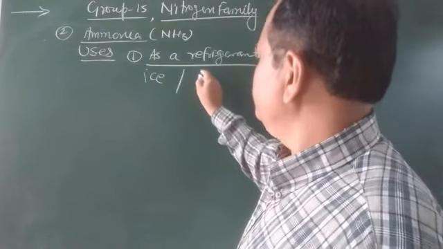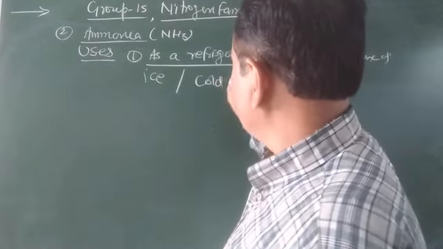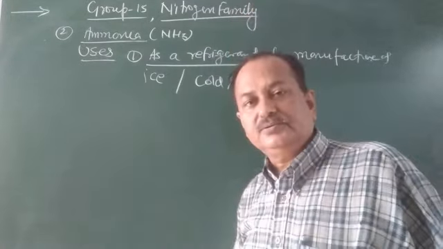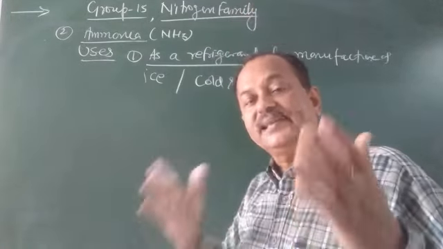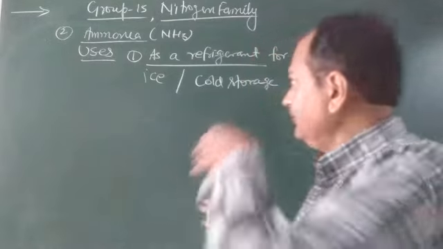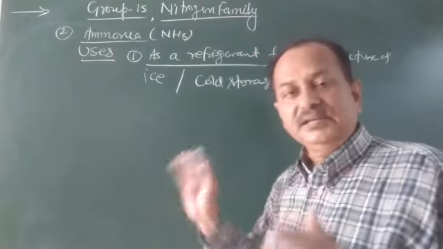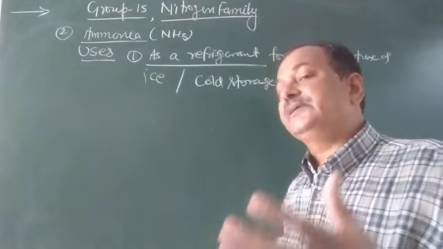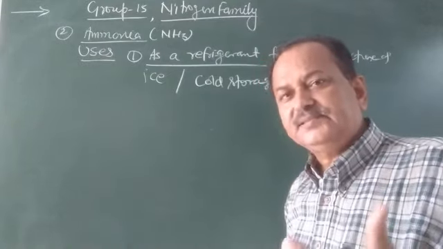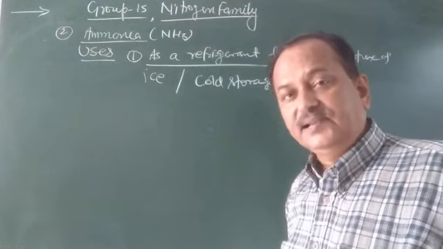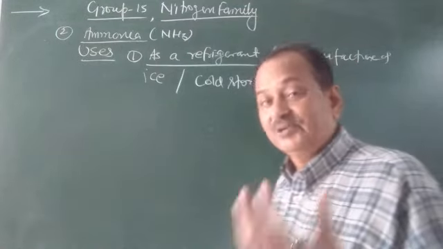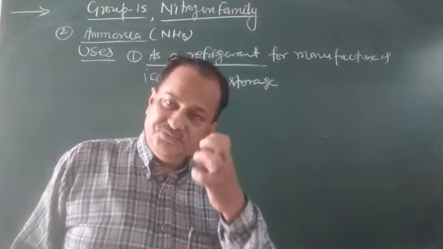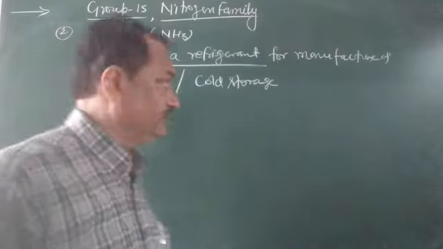Then it is used in cold storage, where fruits and vegetables are kept at low temperature. Why? Because ammonia is highly liquefiable, easily liquefiable gas because of its very low melting and boiling points, so it can be very easily compressed by the compressor.